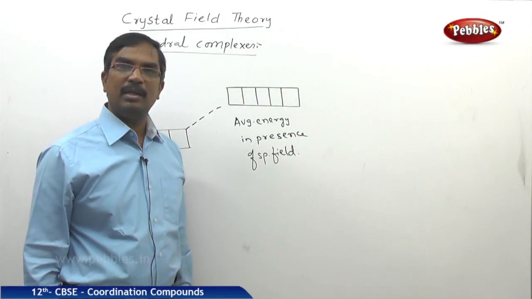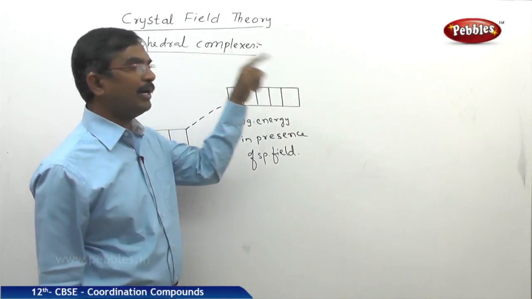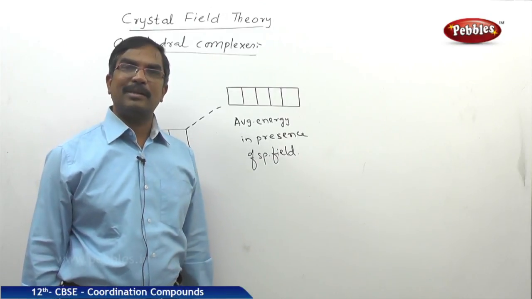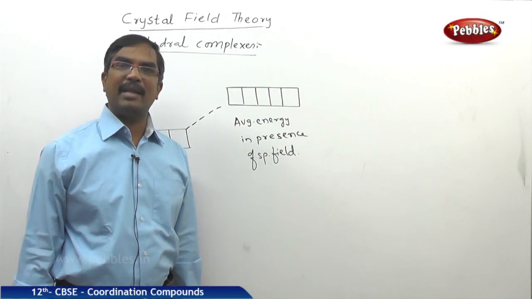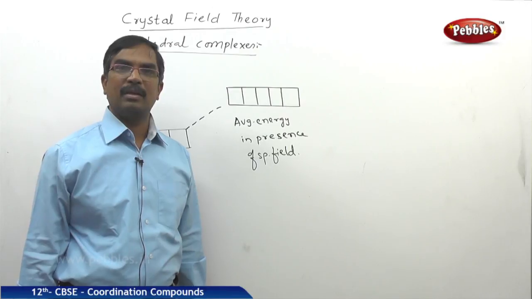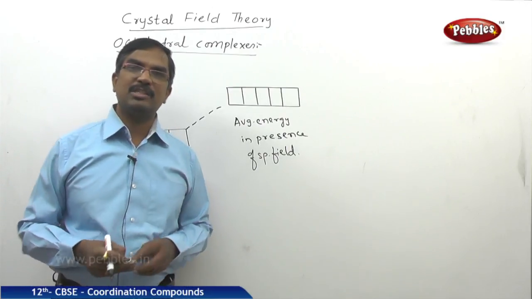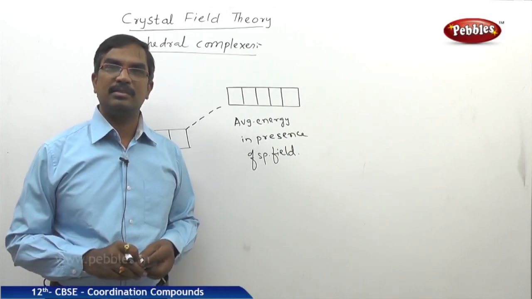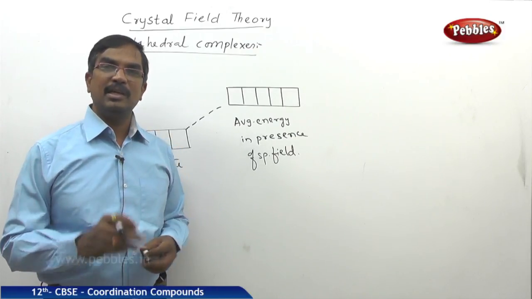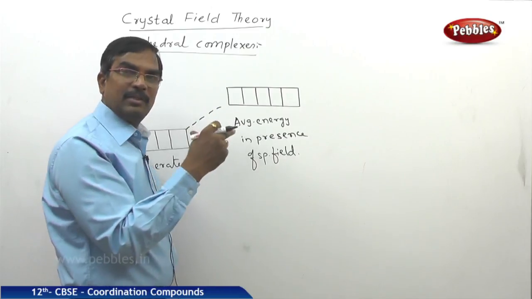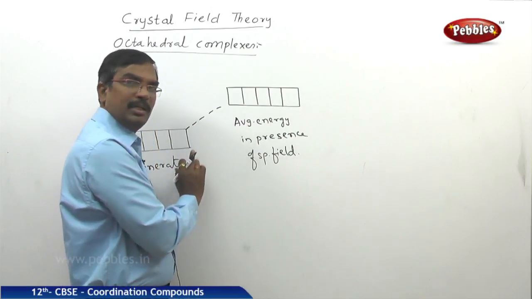In the case of the octahedral complexes, we can see the corresponding 6 ligands will approach the 6 positions of the octahedron. So first, when the field is spherical in nature, slowly there is an increase in energy.